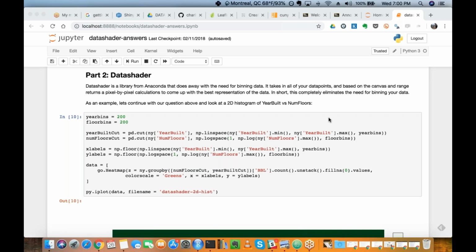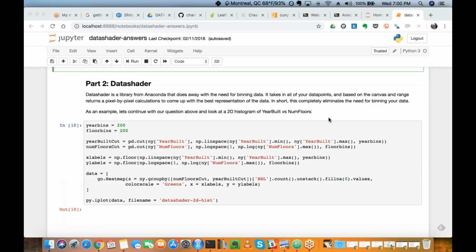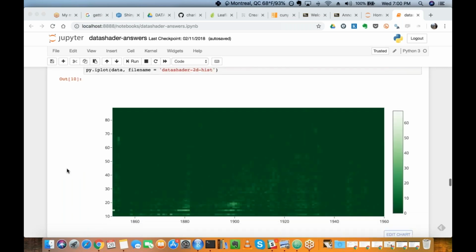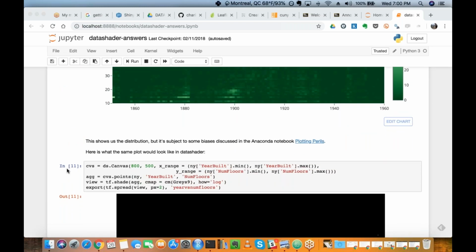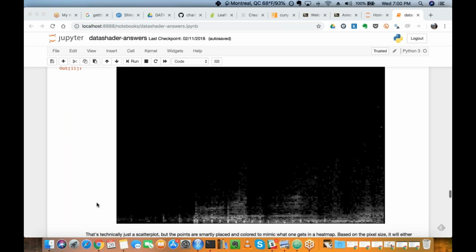Datashader is kind of niche if you think about it, but for this sort of exploratory work, it really is a cool package. In terms of what it's doing algorithmically, it's pretty innovative. Something like this hasn't been attempted before, so it's a pretty cutting edge library.